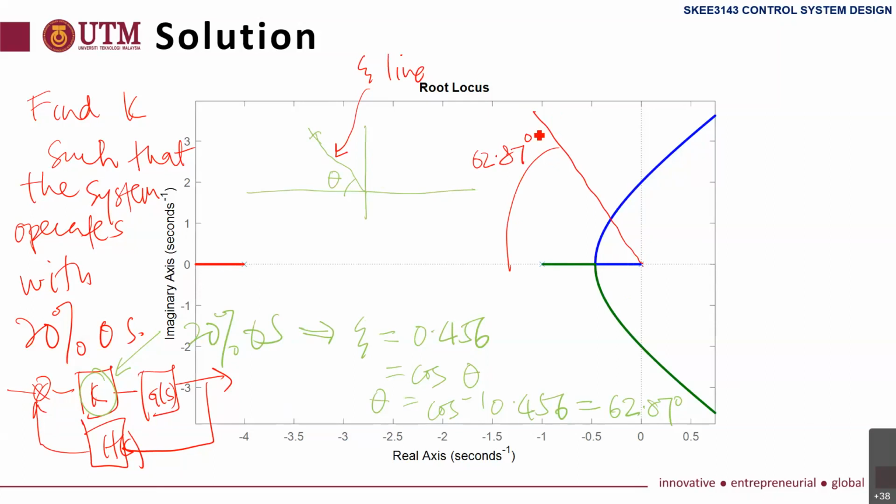That means in root locus, you need to have a tool to measure the angle. What technique can you use to measure angle? What tool can be used? Anyone can help? How can we measure angle?